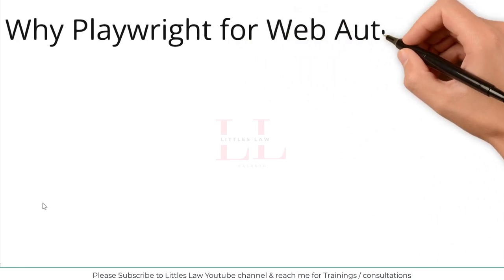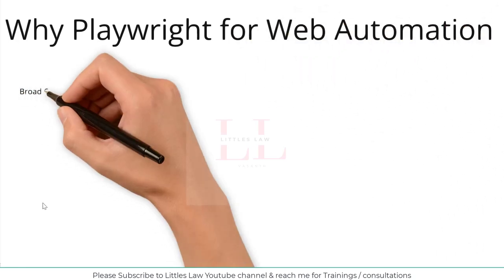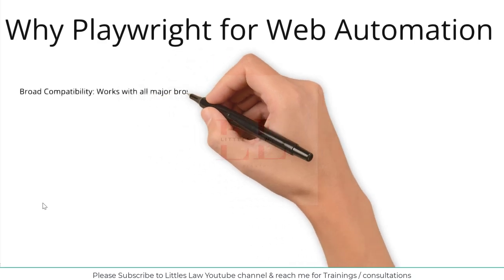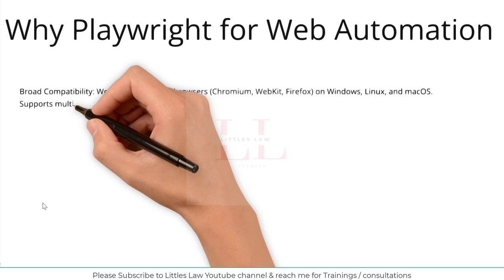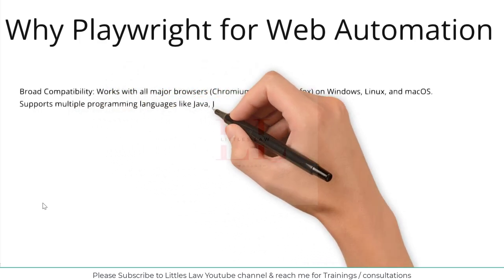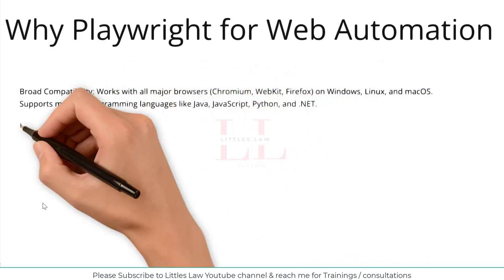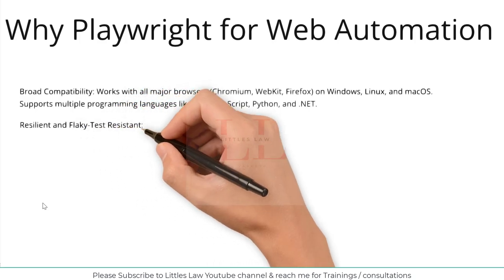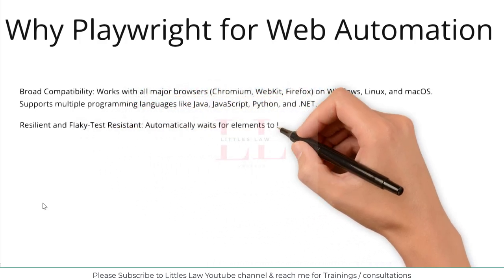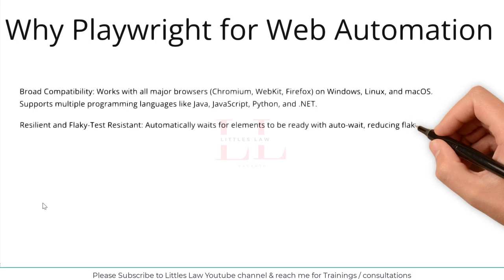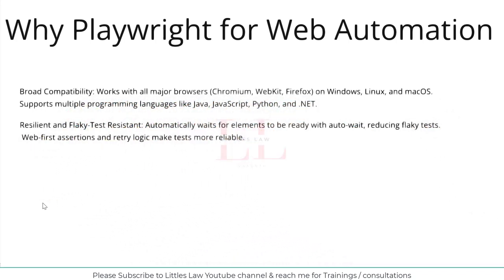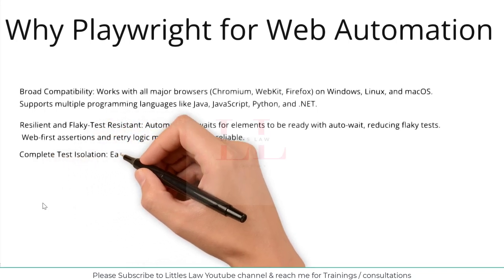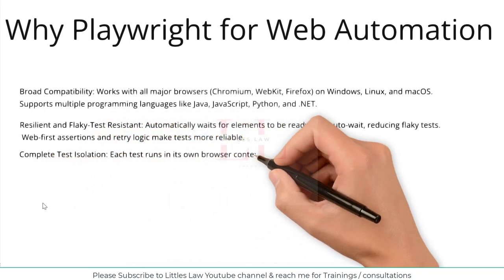So now we'll see why we have to use Playwright for web automation. Playwright, we all know, is a great tool for web automation because it works on many different browsers and platforms, it handles very tricky tests, and it also offers powerful debugging tools. The first reason Playwright is a favorite tool for web automation or web testing is that it works everywhere.